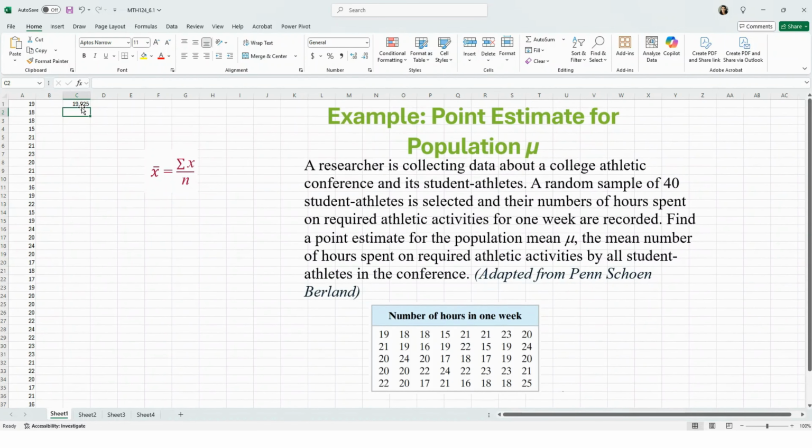Then you will find the mean for our data set is 19.925. I will go with 2 decimal places, so round this value to 2 decimals. Then 19.92 is the mean of the data set.